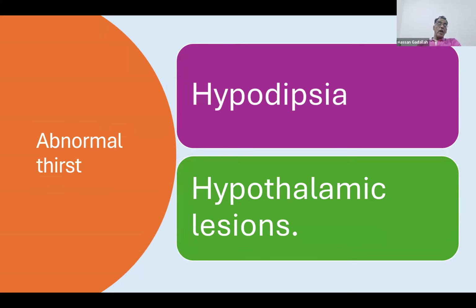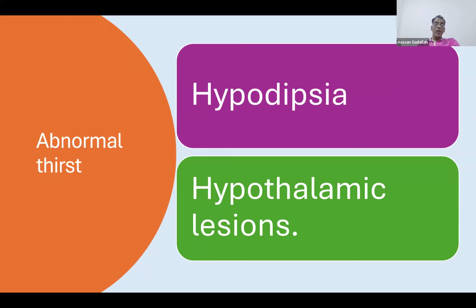The fourth title is abnormal thirst. What is abnormal thirst? We mentioned the hypodipsia, which is very common in elderly patients. And also if we have patients with hypothalamic lesions, hypothalamic tumors, and pituitary tumors, because the ADH is synthesized in the hypothalamus and stored in the posterior pituitary.